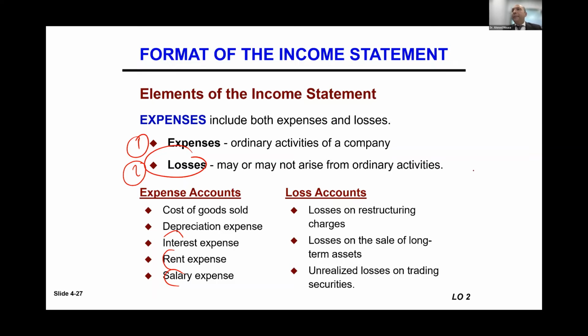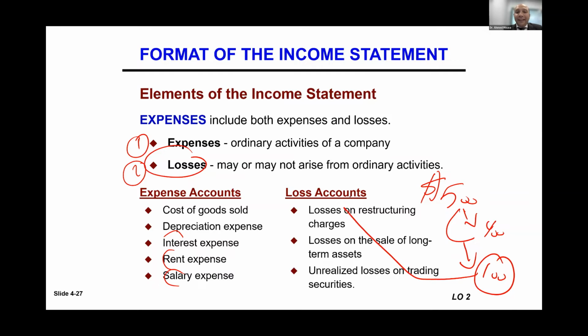The same example of the computer: you have the PC with a book value or cost of $500, but you sold it for $400. That means you lost $100. This $100 is not an expense, it is a loss. So these are the differences between the names in the financial information.